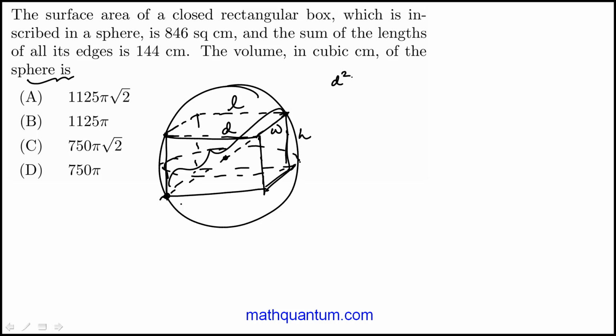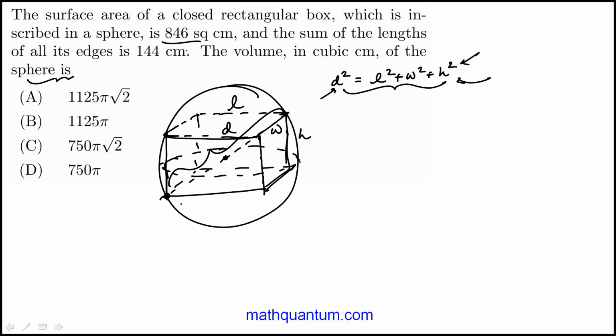If we apply the Pythagorean theorem, and some of you might already know this result, this is the length of a diagonal, the longest length inside a 3-dimensional rectangular box. And this is how it's related. I'm not going to go over how this comes about, but this is an important result that you should already know. So that's the first relationship.